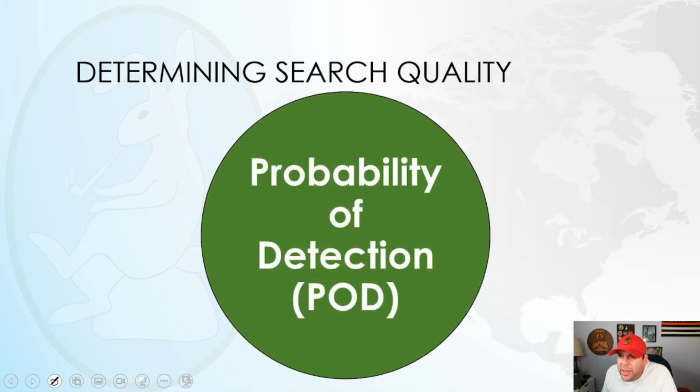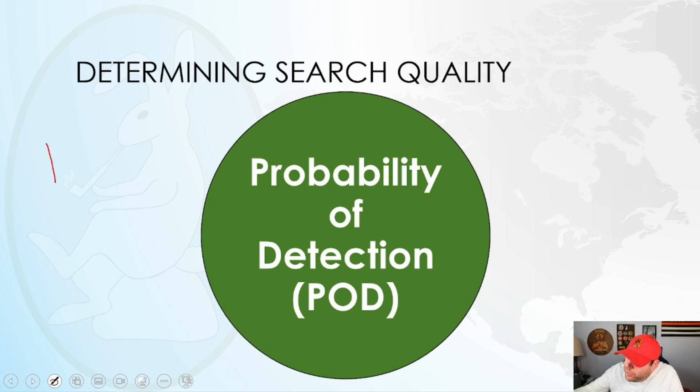So let's talk about determining search quality. Whenever we return to the incident command post or return from an assignment, be prepared to discuss your probability of detection with the search manager. Expressing POD can be accomplished by various methods, but the most common is searcher estimation, which is what we talked about before.